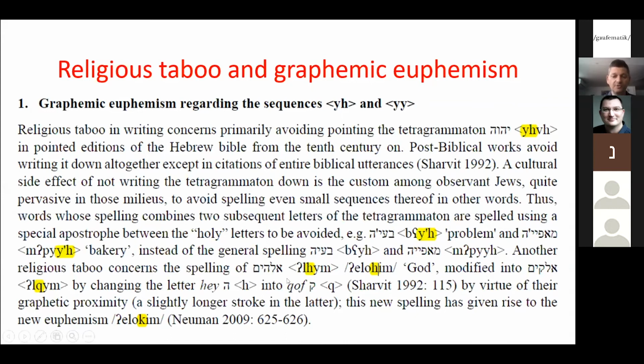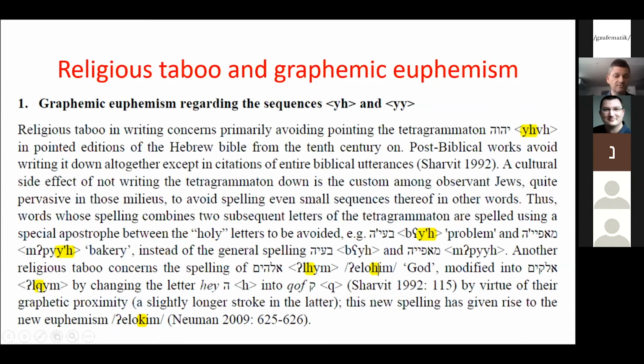Same happened with the word Elohim. Elohim means God, but you shouldn't say it, well, those who think you shouldn't say it. And so they change the hey letter slightly graphemically. They took the letter that resembles the hey most graphetically, the kuf, and instead of spelling Elohim with a hey, they would spell it with a kuf.